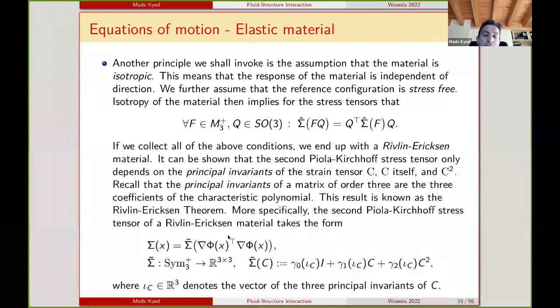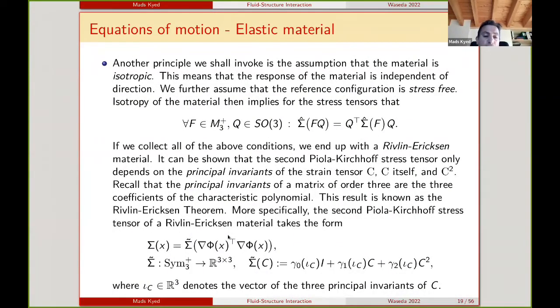So in this case, the isotropy of the material implies that our response functions are invariant with respect to rotations, as I've written here. Okay, so these are the assumptions that we use.